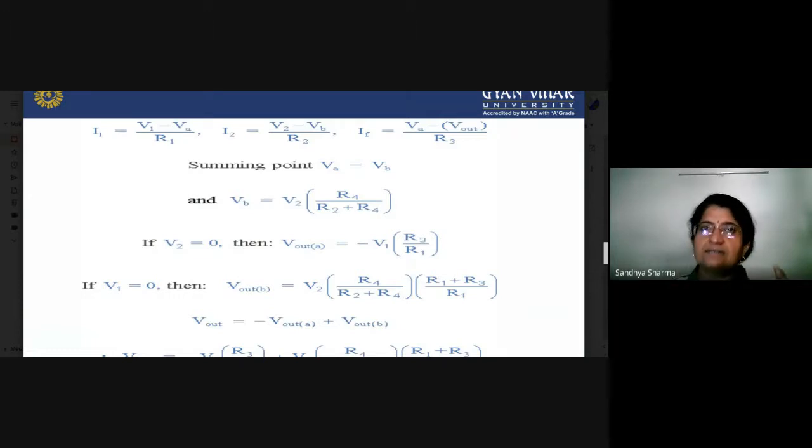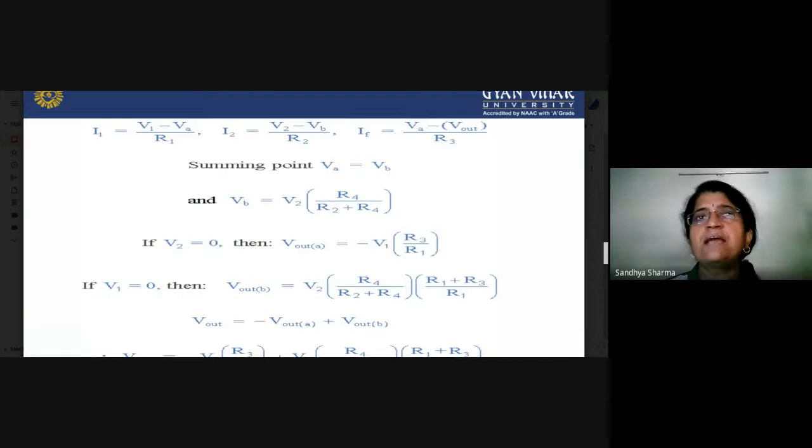So we will again briefly conclude all the things in this lecture, what part we have covered, and in further lectures we will see how these three types of mode are used in making different operations, such as summing amplifier, subtracting amplifier, integrator, differentiator. Since in this lecture we will not start from the summing amplifier, we will conclude here.